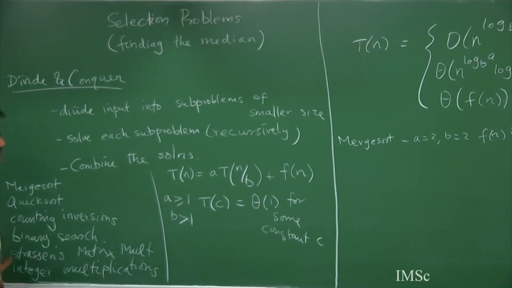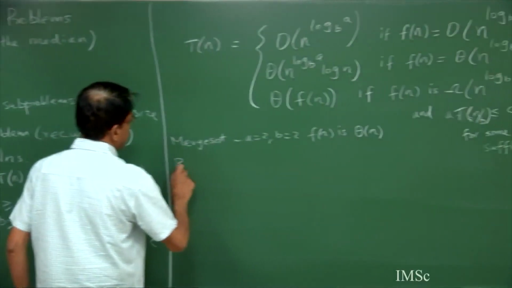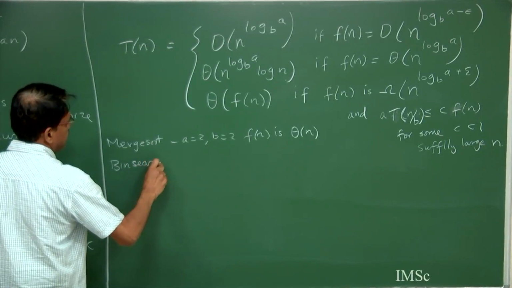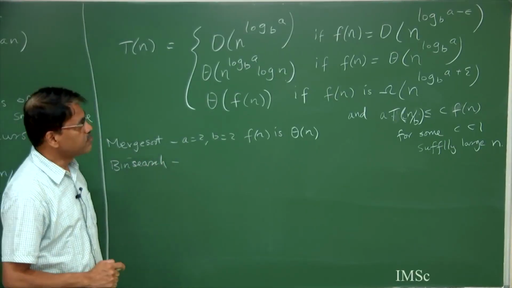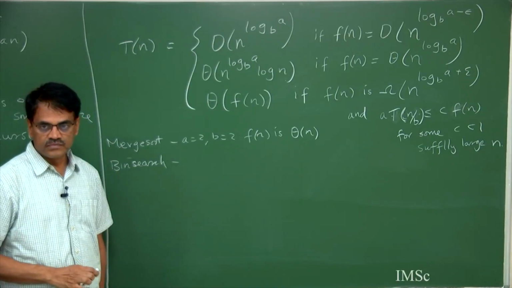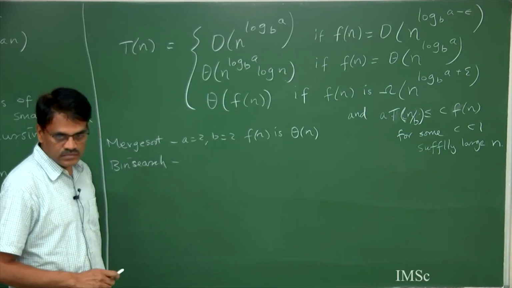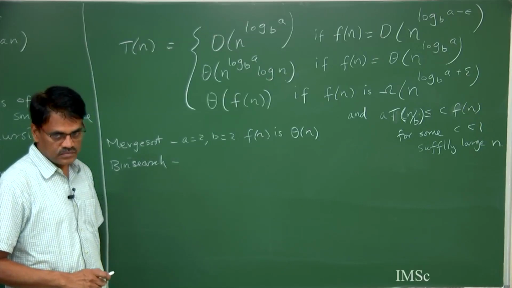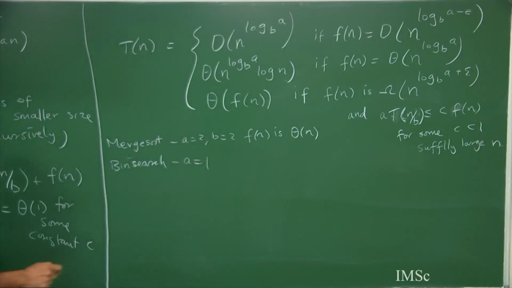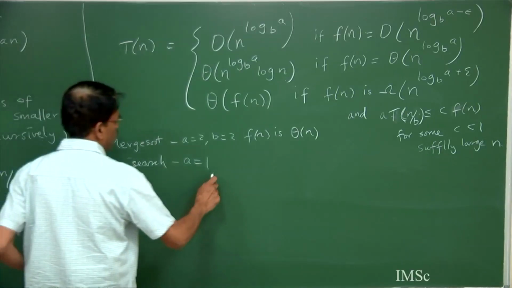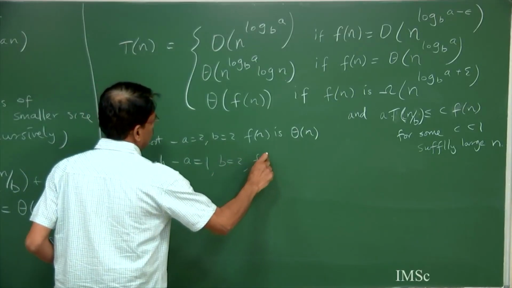For binary search, what is a, b, and f of n? A is 1, right. This is A, and B is 2, and f of n is 1.